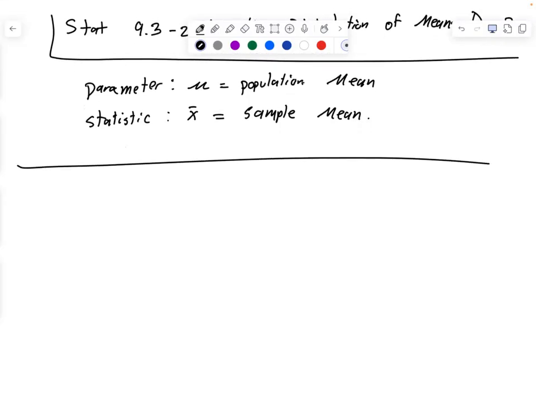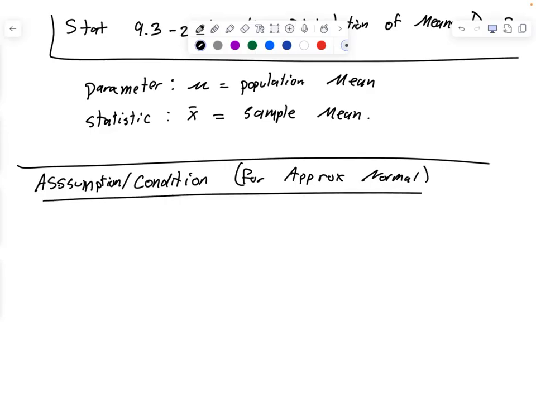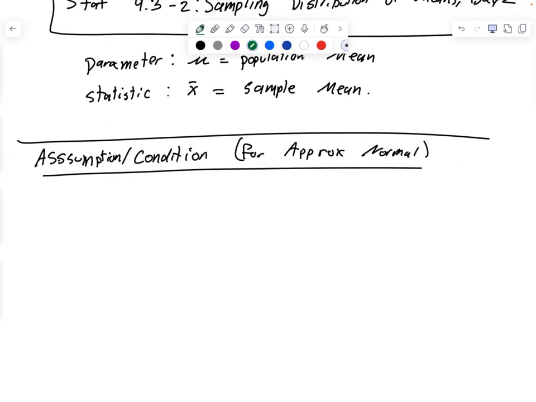Now, the major thing that we have to talk about here, of course, are the conditions, or sorry, the assumptions, conditions for approximately normal. So we're checking this. What we're doing is we're checking the sampling distributions. Now, the first two, once again, stay the same.